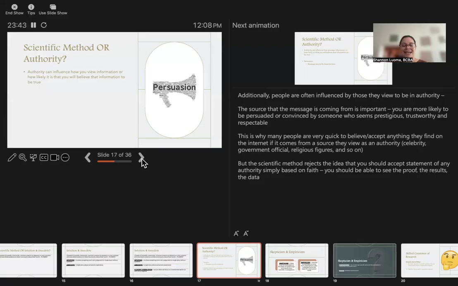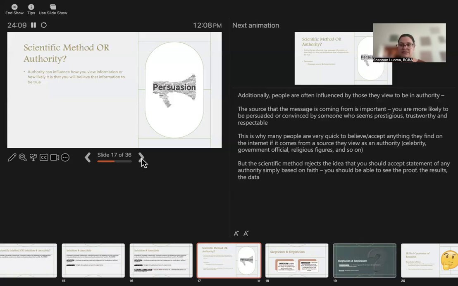It rejects the idea that you should accept a statement of any kind just because authority said it. Like we should just accept what they say on blind faith. Absolutely not, right? We as scientists know that. As part of the scientific community, you are going to learn and hopefully know by the end of this class that that's not how you should accept truth.